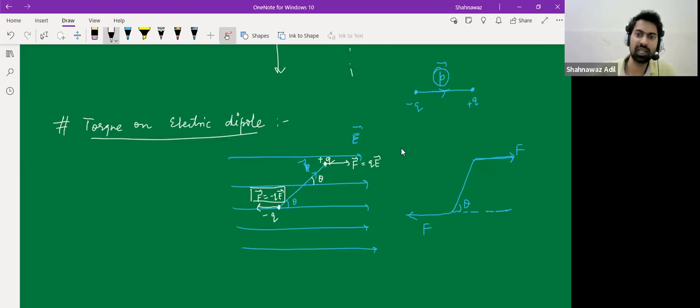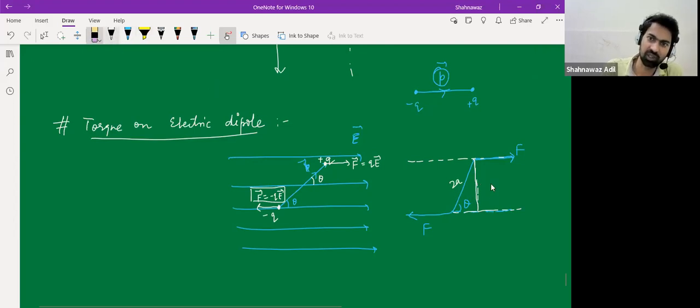Yes, the line of action is the axis of this force. So this is one line of force, this is the other one. And the distance between the lines of force, let's write it as R. This distance is, let's say, 2a. The perpendicular distance we have to figure out, so let's say this is x. Understood, guys?